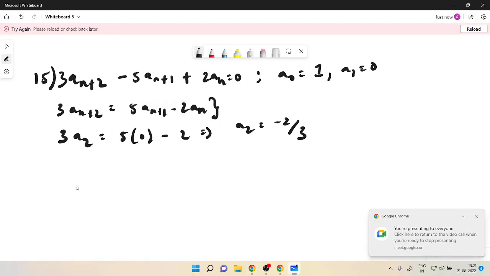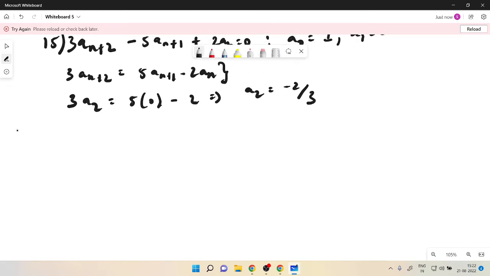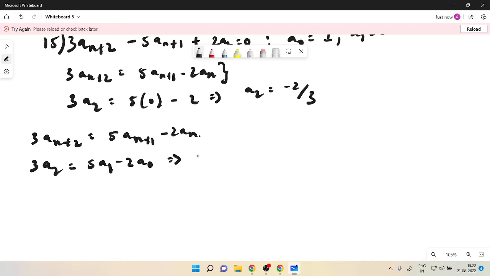There is one Laplace method, but I'm just trying for some induction type of method. From 3a(n+2) equals 5a(n+1) minus 2a(n): 3a2 equals 5a1 minus 2a0, so a2 equals 1/3 times (5a1 minus 2a0).